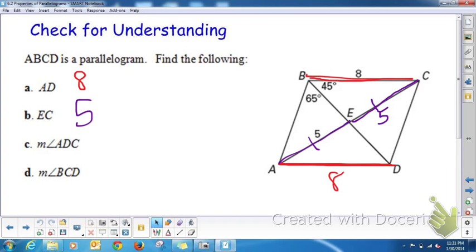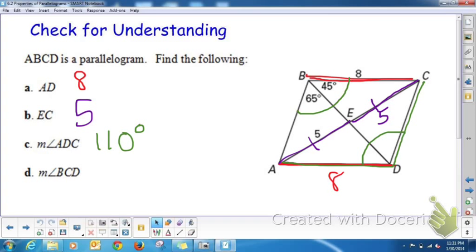So if EA is 5, then EC is 5. If this is a parallelogram, then I know that opposite angles are congruent. So the measure of angle ADC, this angle, I know it's congruent to the opposite angle, this angle, ABC. So I would find the sum of 65 and 45. So it would be 110 degrees.